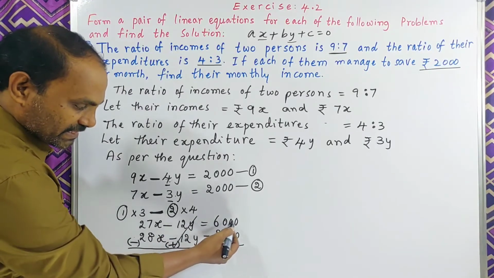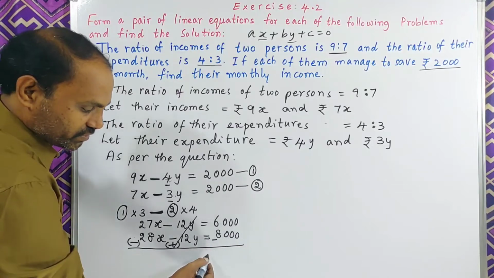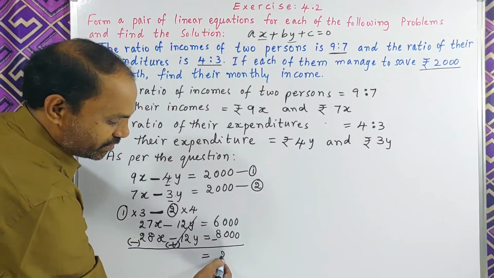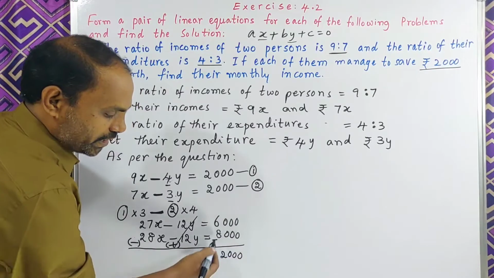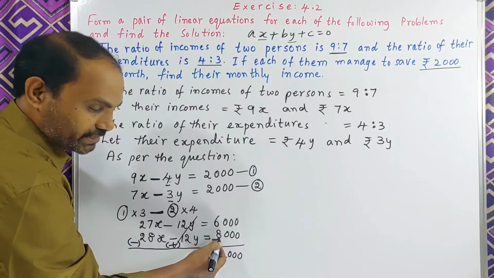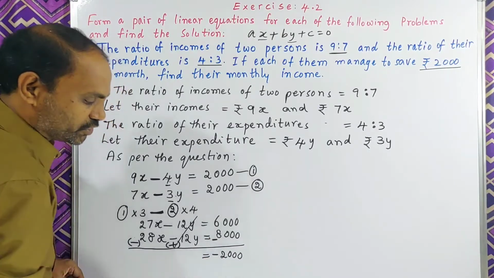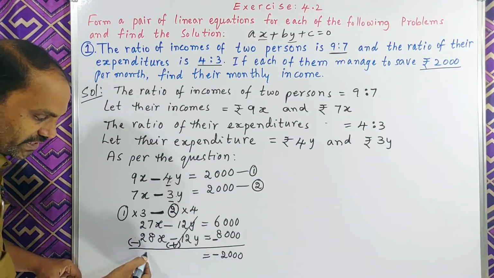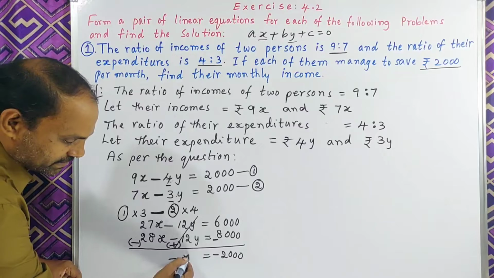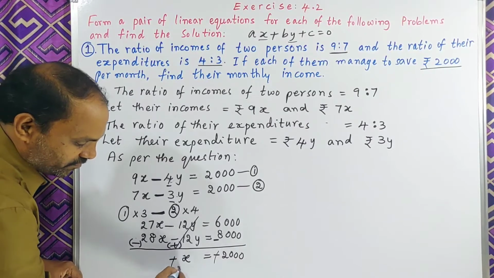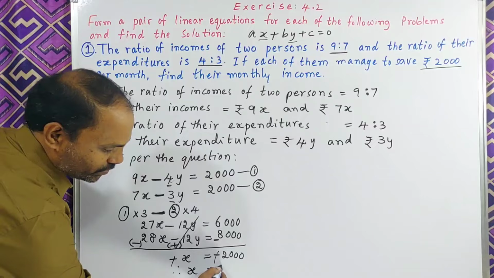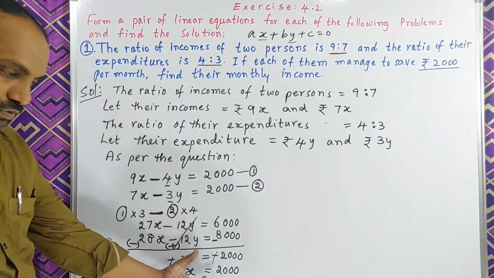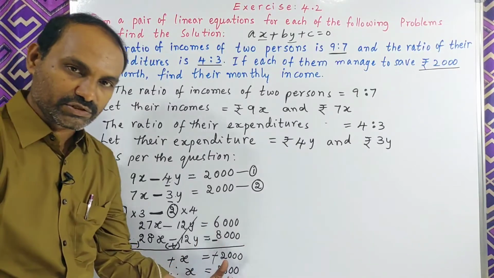Here plus 6000 minus 8000. The biggest number is 8000, so 8000 minus 6000 is 2000, and the minus value is greater, so minus 2000. This side also, 27 minus 28, so minus x, and then you will get the x value 2000. Is it understood?